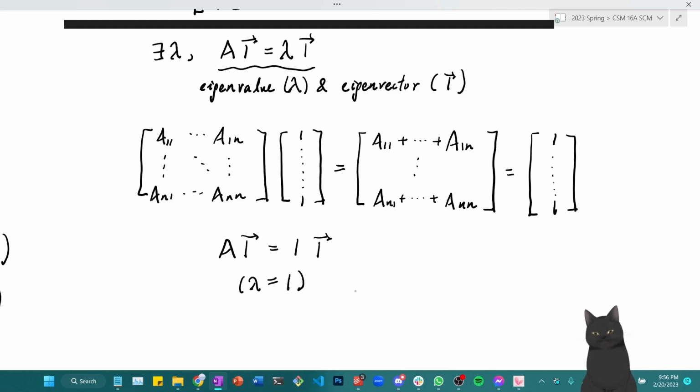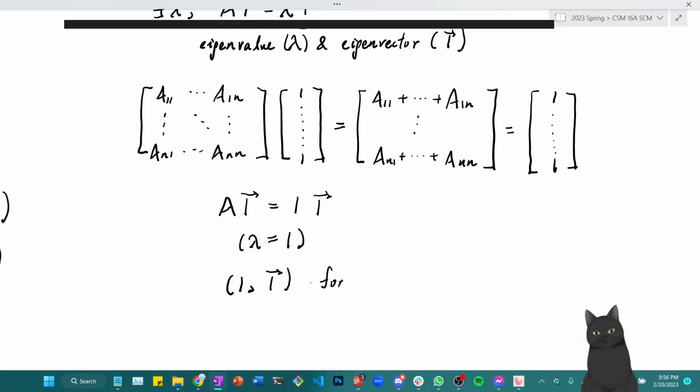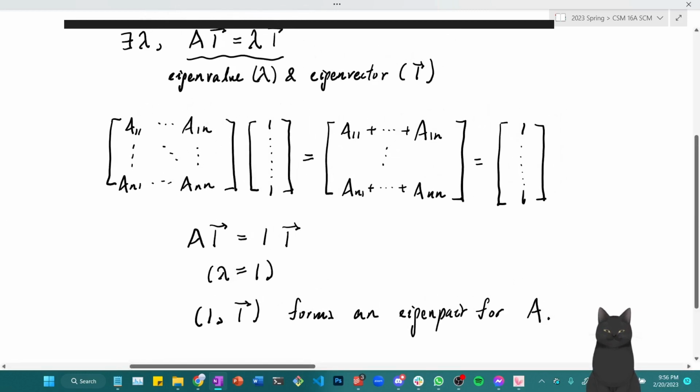So we see that lambda equals 1, the eigenvalue 1, and the vector 1, which is very confusing in terms of verbal, so you have to look at the notation here. But you'll see that the eigenvalue 1 and the vector 1 form an eigenpair for the matrix A. And thus we have proven that the vector 1 is an eigenvector because we have found a corresponding eigenvalue for it.